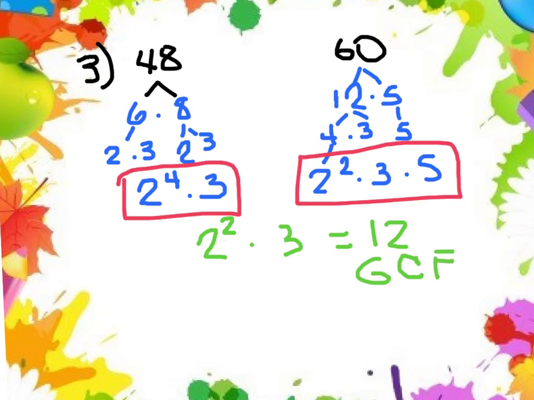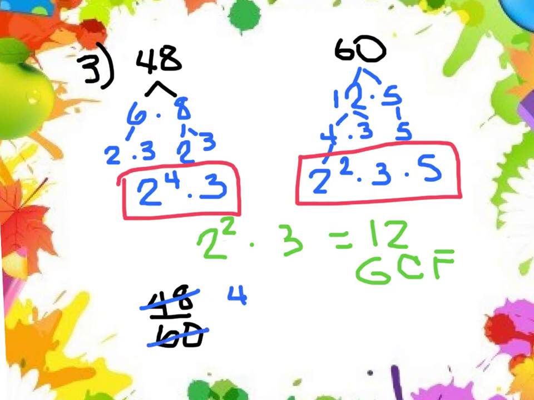Now, let's assume that we have a fraction such as 48 over 60. If I was to reduce or simplify 48 over 60, I will have to reduce the 48 into 12. And 48 into 12 gives me 4.